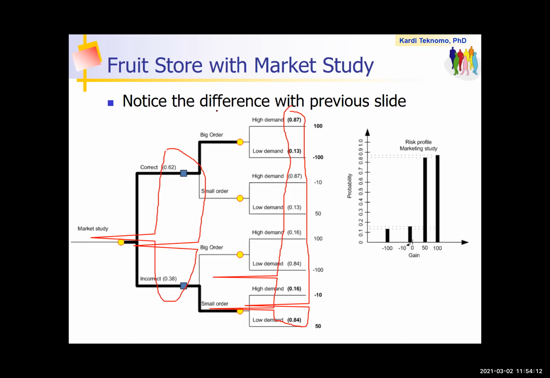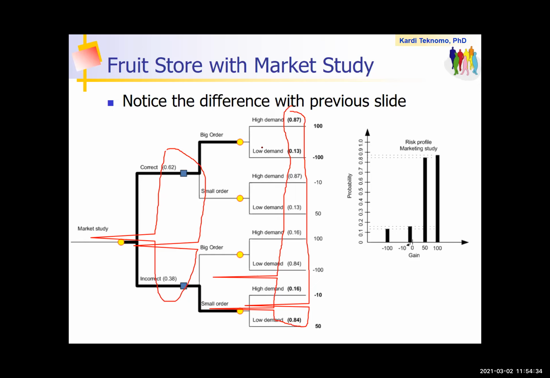You see, 0.87 is 100, right? And then 0.13 is negative 100. This is the risk profile of your optimum decision.